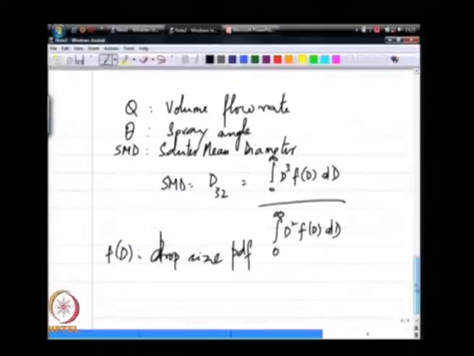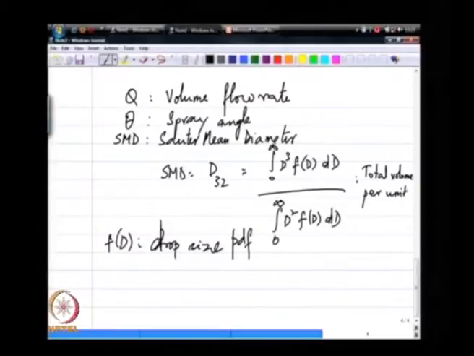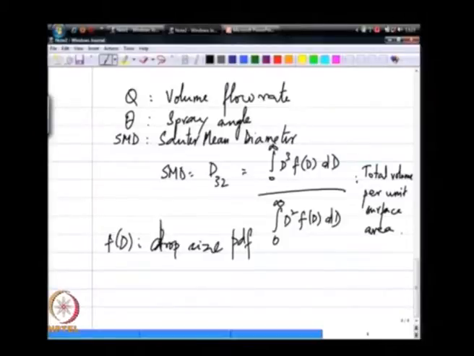this usually has a special relevance when it comes to sprays, because this is the total volume per unit surface area. We looked at this early on, and the total volume per unit surface area has a relevance to a lot of spray applications.